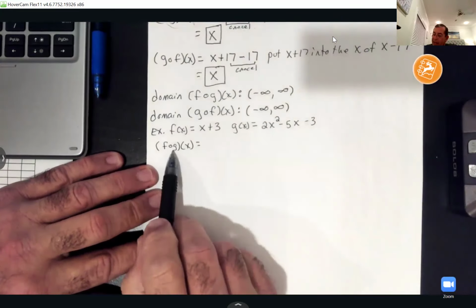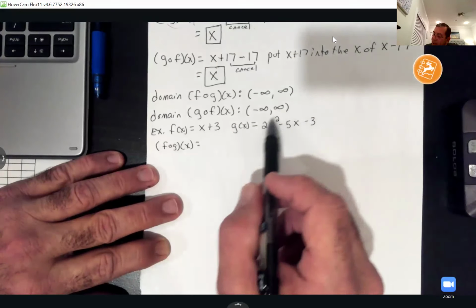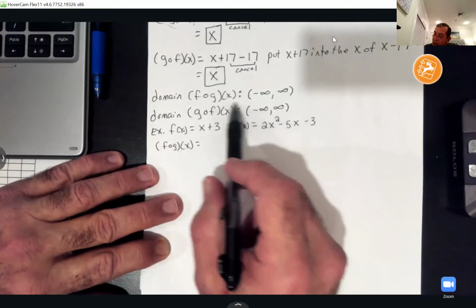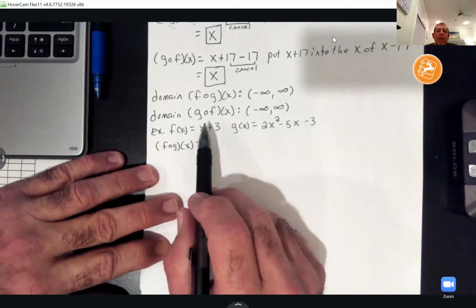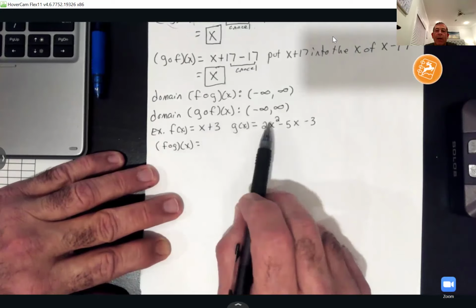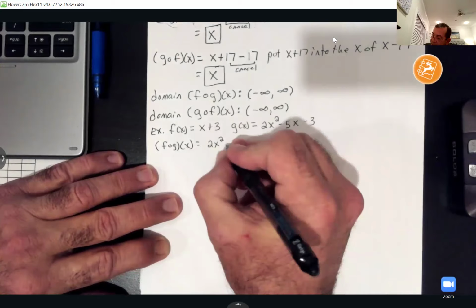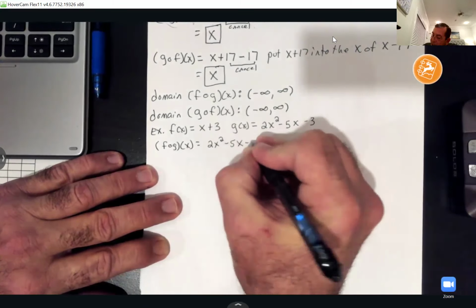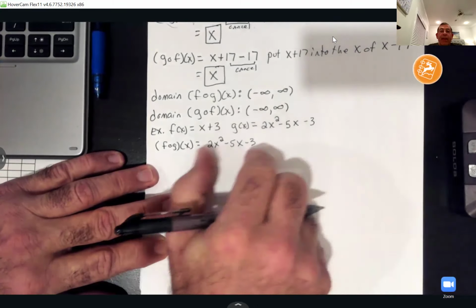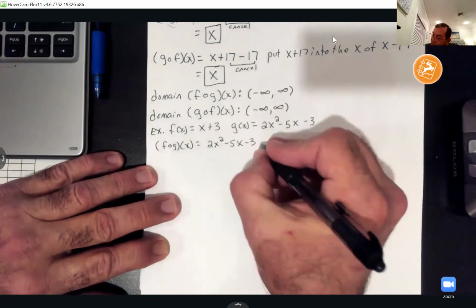Now remember, I can't do nothing with g of x. They didn't give me a number. So that means I'm going to take the whole g of x and plug it into the x on the f. So plugging this into that x, I'm going to have 2x squared minus 5x minus 3. And remember, that's g of x I plugged in, and then I still got a plus 3.